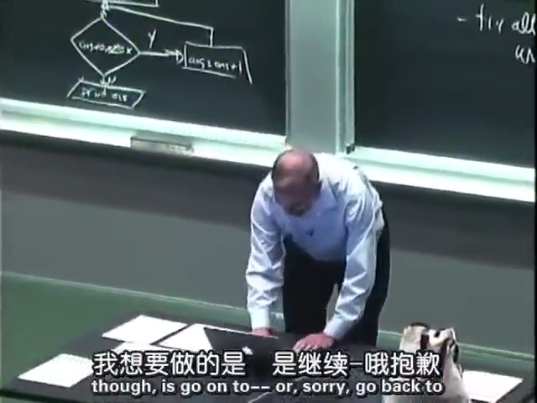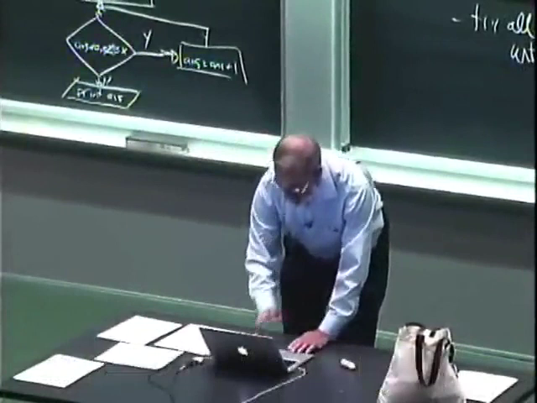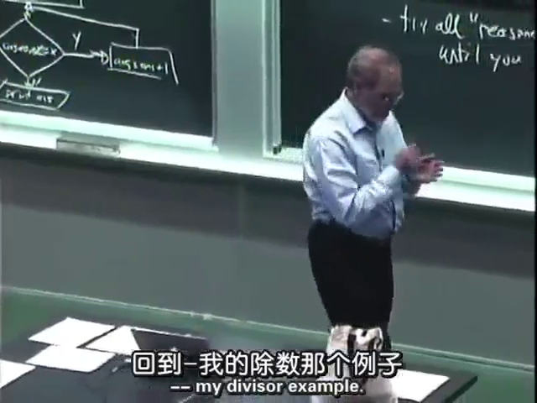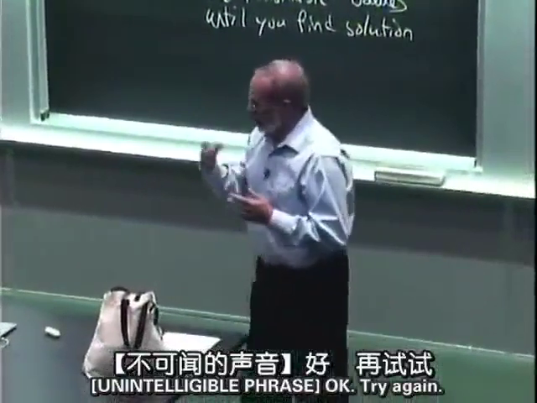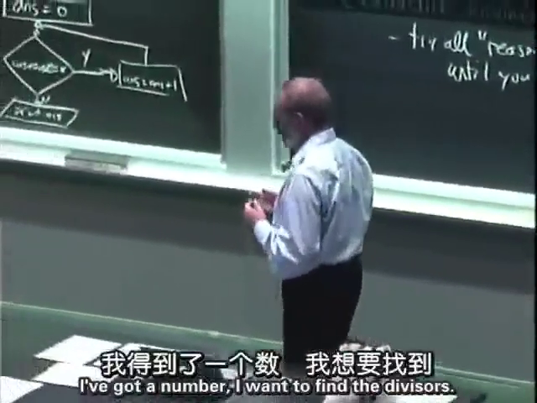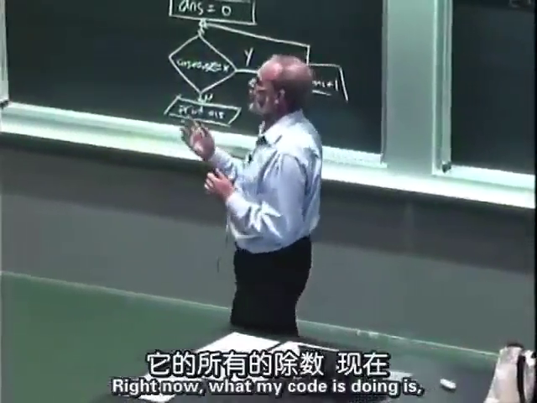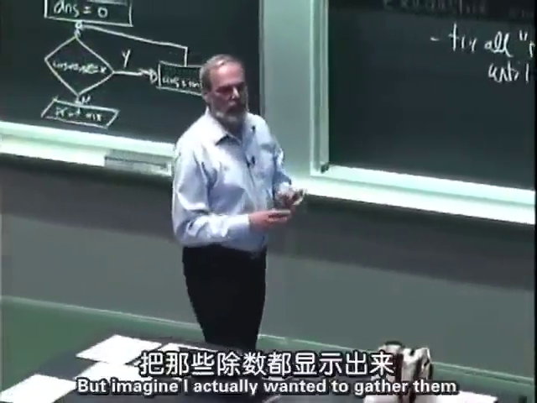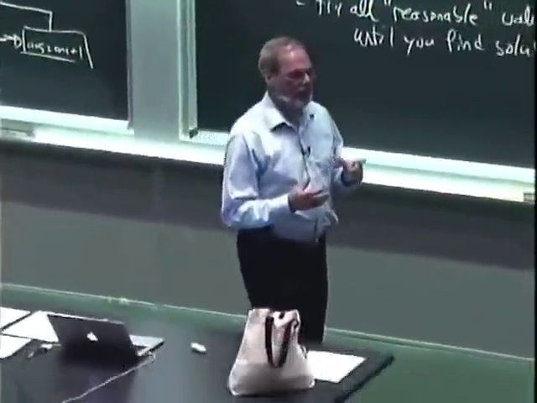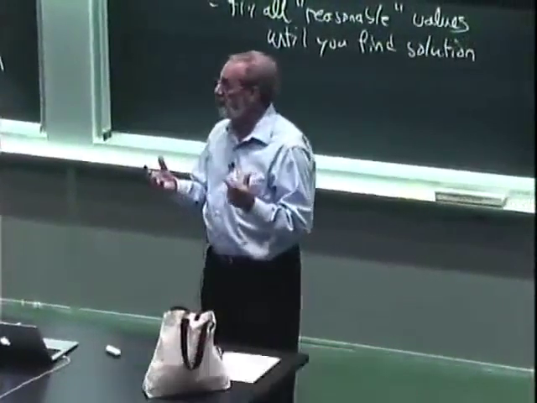Okay. What I want to do, though, is go back to my divisor example. I've got a number. I want to find the divisors. Right now, what my code is doing is it's printing them out for me, which is useful. But imagine I actually wanted to gather them together. I wanted to collect them so I could do something with them.